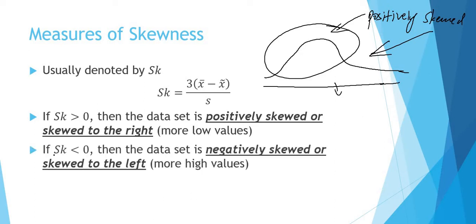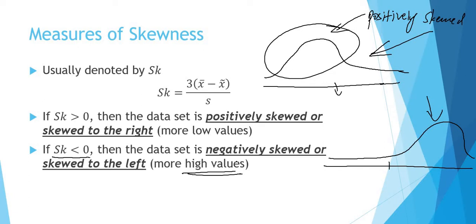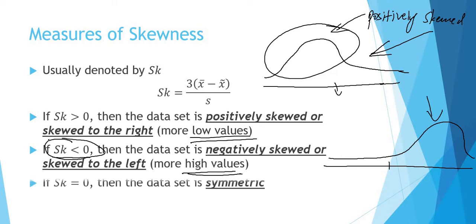If skewness is less than 0, then it's negatively skewed or skewed to the left. We can draw it somehow like this. If this is the center, the values are more on the right side. We have more high values, while in positively skewed we have more low values. And that is if the value of our skewness is less than 0. And if skewness is equal to 0 or very close to 0, then the data is symmetric.